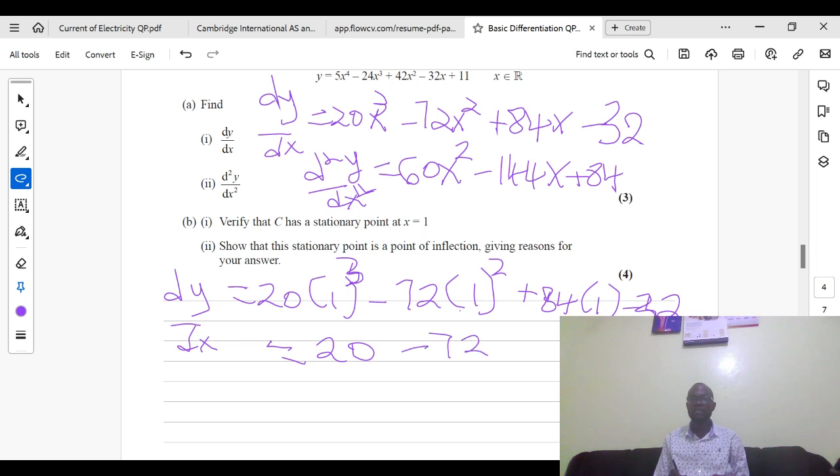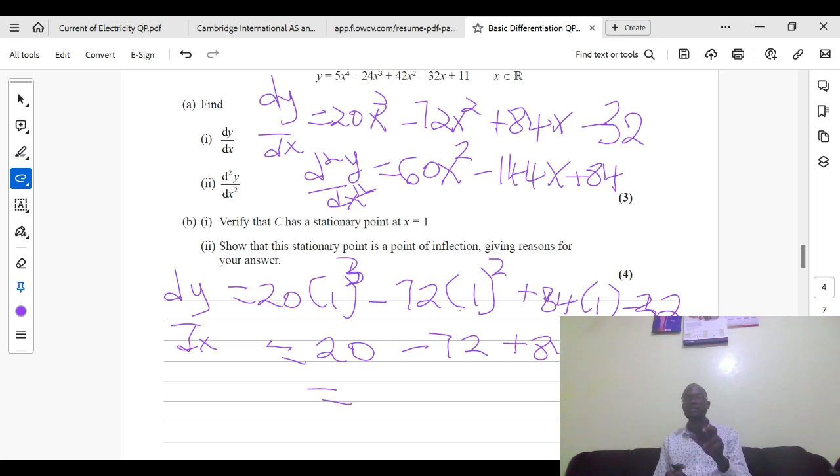Then 1 times 84 is 84, minus 32. Because you are verifying, you have to put all the steps there. Don't put 1 in your calculator and then get the final answer. It is good that you show all the steps.